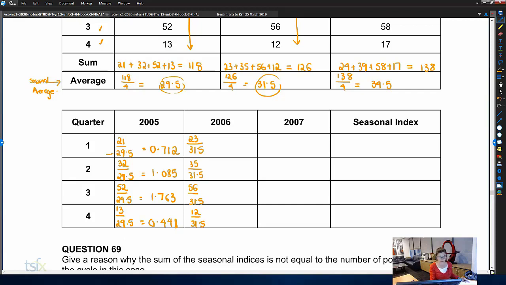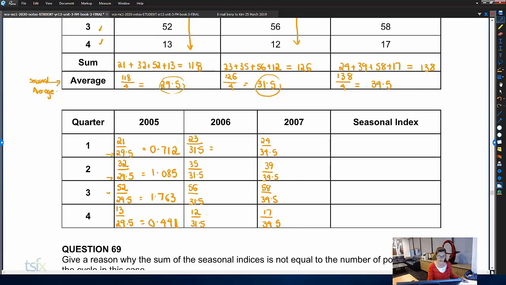Each of these has the same denominator, as do those, and similarly for those. So let me just set that up quickly. We're dividing this one by 34.5. Next one is 39 divided by 34.5. Next entry is 58 divided by 34.5. And 17 divided by 34.5.